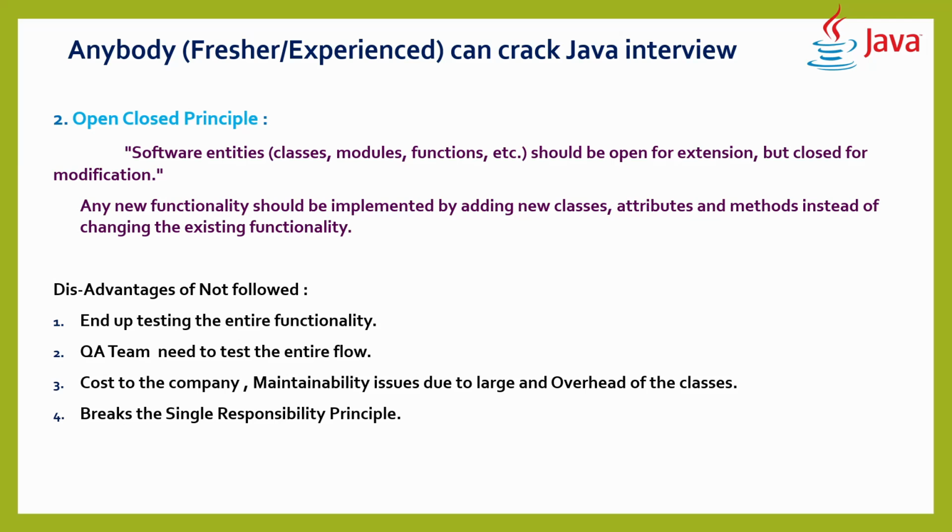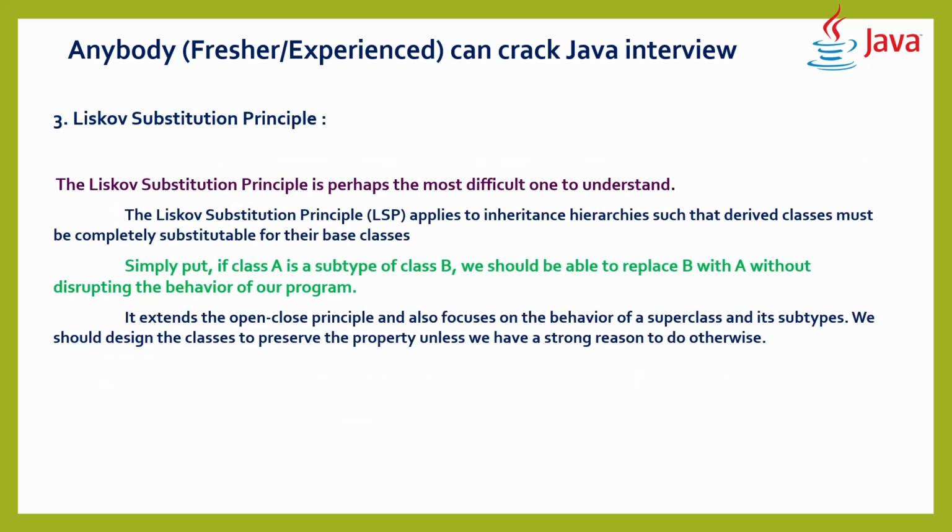Now we will see another important principle, the Liskov substitution principle. Among all the SOLID principles, the Liskov substitution principle is the most difficult one to understand. The Liskov substitution principle applies to inheritance hierarchies, such that derived classes must be completely substitutable for their base classes.